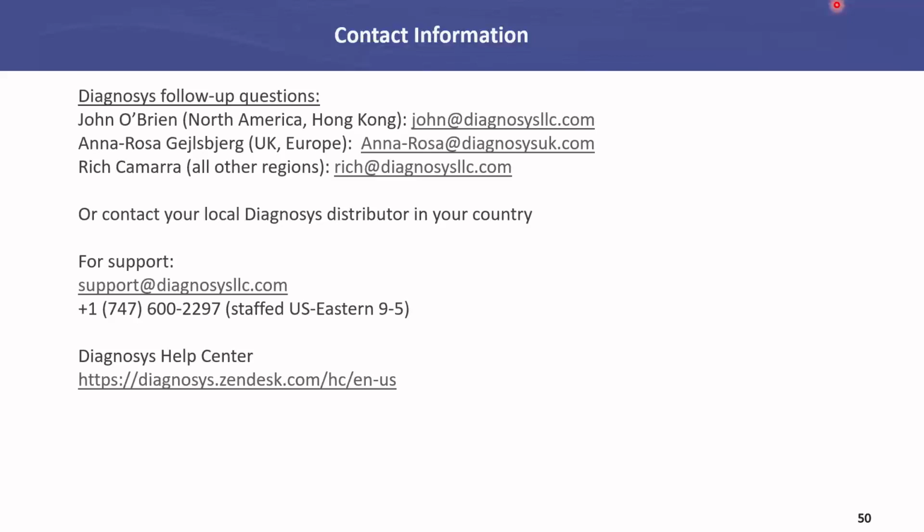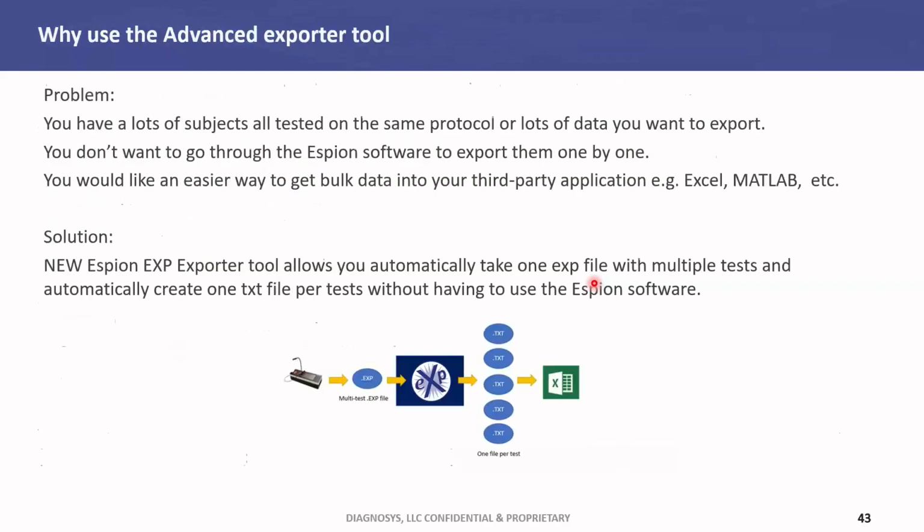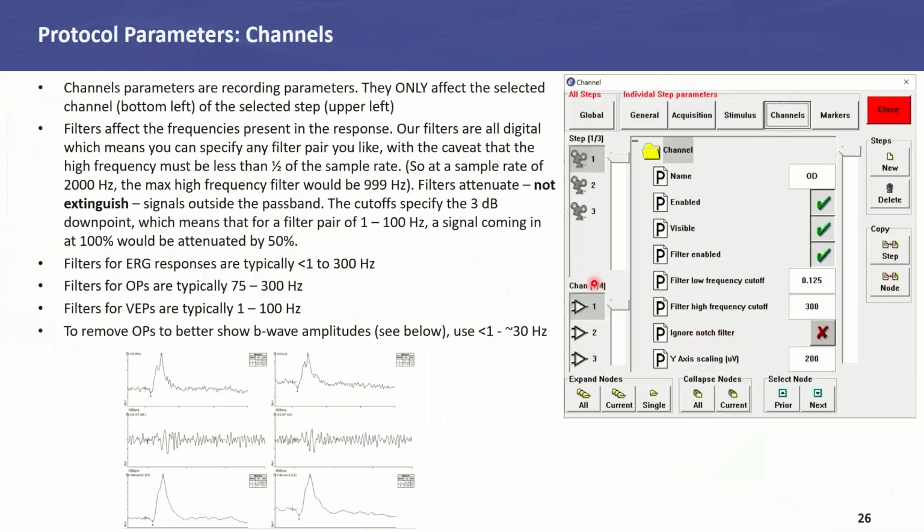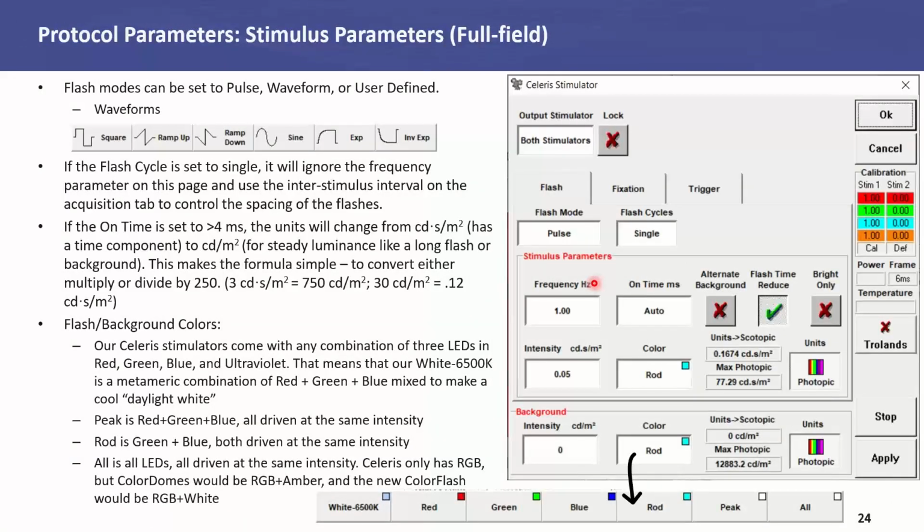Natalie, another topic that maybe we could spend a minute on, can you just talk about our UV stimulators and how those are programmed in our software? Sure. So let me slide back to our stimulus parameters here. Flashes are measured in candelaseconds per meter squared. That is a visual unit. It's based on the human spectral curve and what we can detect.